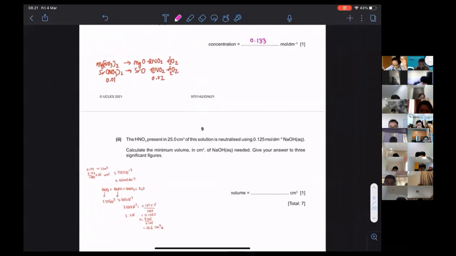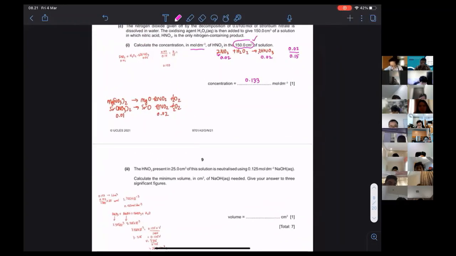After that, you need to be very careful with this. They say the HNO3 present in 25 cm cube of this solution. I even almost made a mistake over here. They have taken 150 cm cube of the solution, and you have calculated that the concentration is 0.133 mole per dm cube.